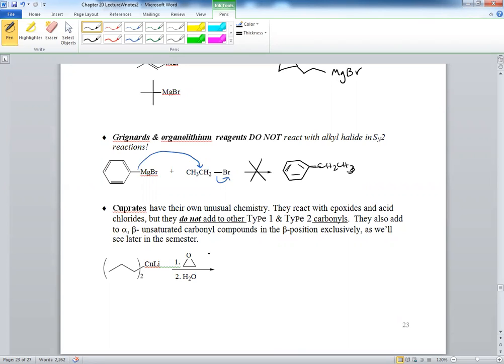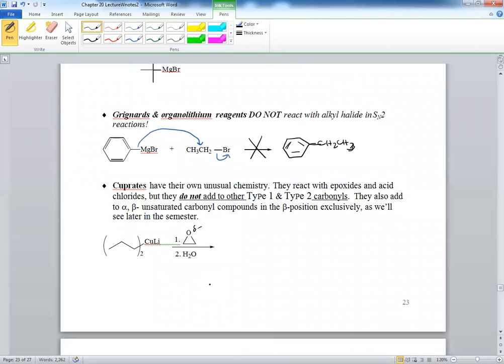What you need to remember from epoxides, maybe if you haven't seen them before, is that we have an electronegative oxygen atom. So that's delta minus. And that's delta plus. So we have an electrophilic carbon.